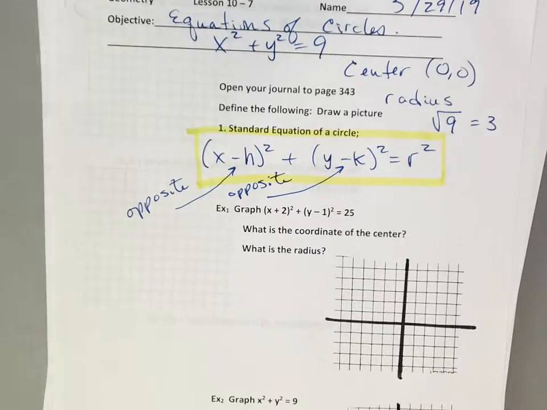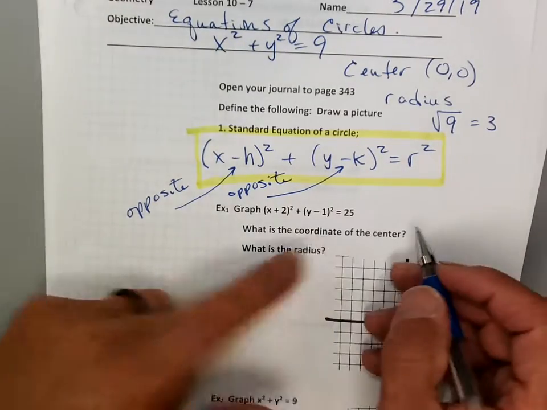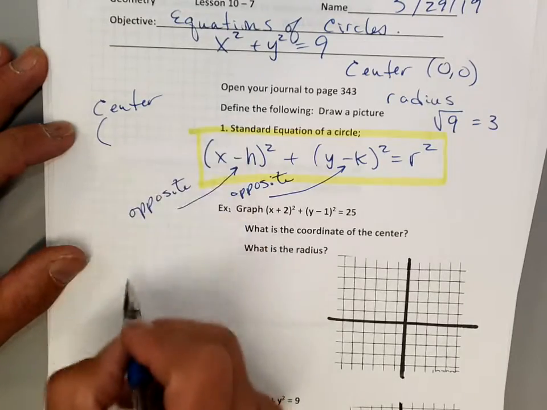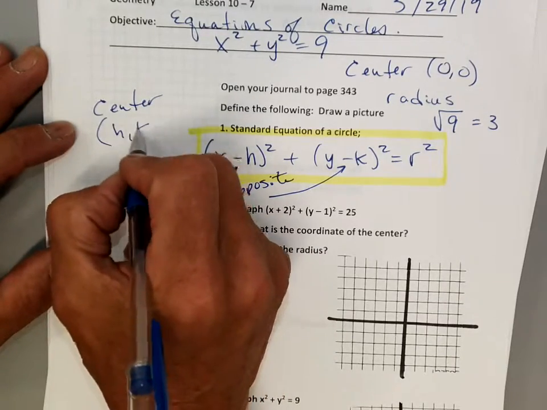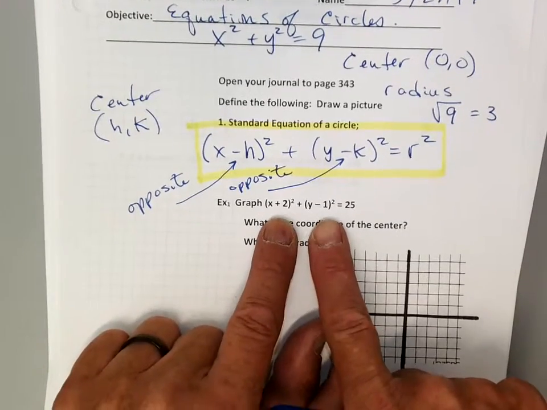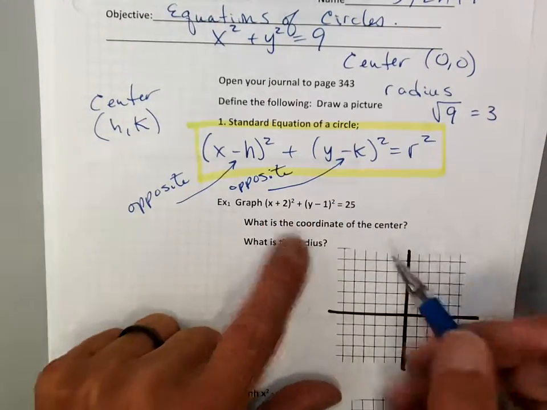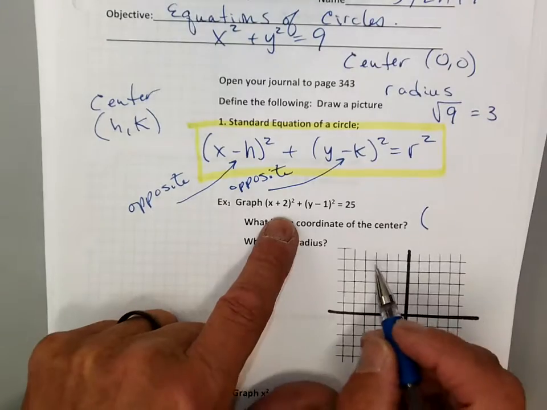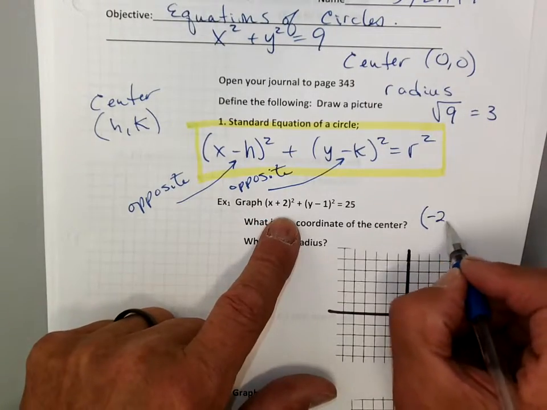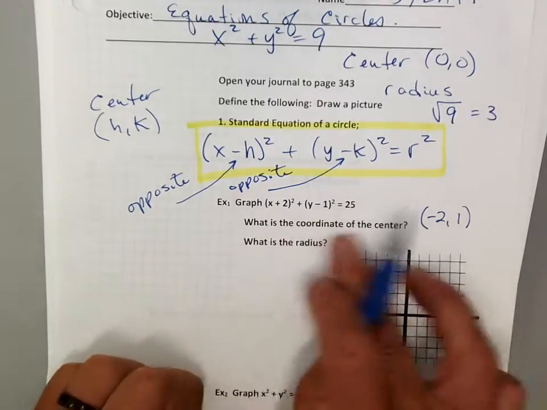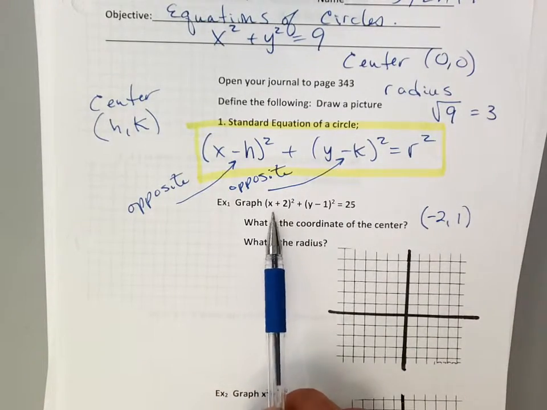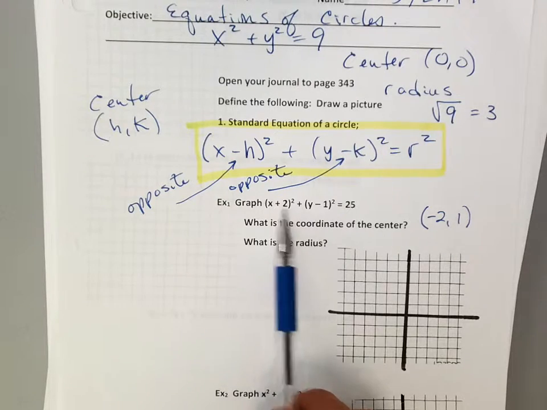So the center of this circle is at the point (h, k), whatever it is. In this example, my center is at the opposite: negative 2, positive 1.